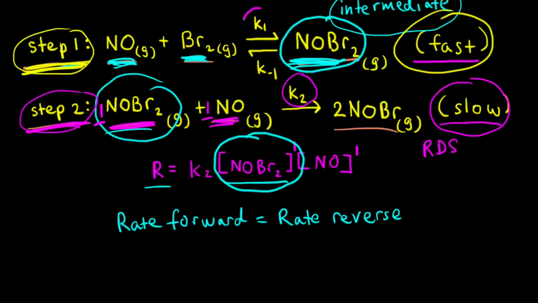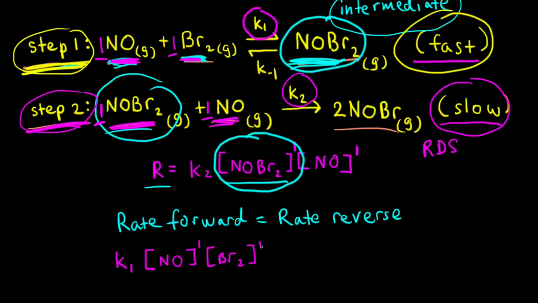The rate constant for the forward reaction is k1, so the rate of the forward reaction is equal to k1 times the concentration of NO times the concentration of Br2. Since the coefficients in our balanced equation are both 1 for these two reactants, we can raise these two concentrations to the first power.